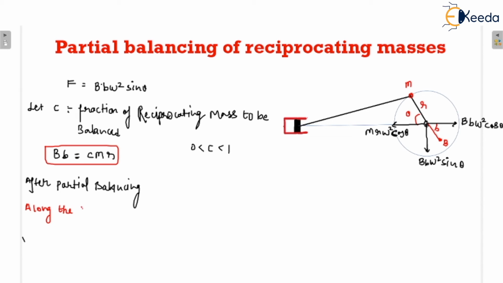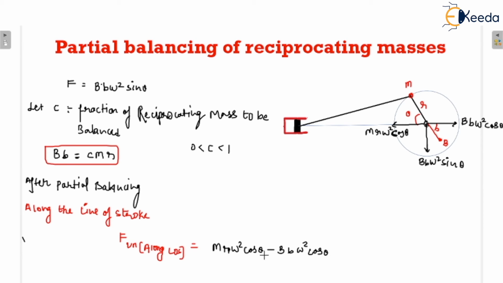Along the line of stroke, the unbalanced force would be F unbalanced along the line of stroke, equal to M R omega square cos theta minus B b omega square cos theta.